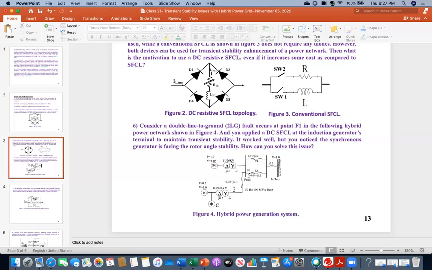So you can propose a solution both here and here, or, as Manoj mentioned, you can find a common point somewhere along the line. It might happen that here or here at this point, because there is a little distance and an impedance of 0.05 plus j0.3. So you can choose, okay, I will place it here or I will place it here.